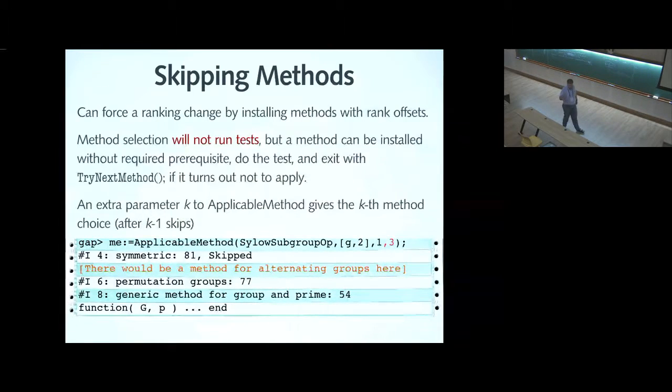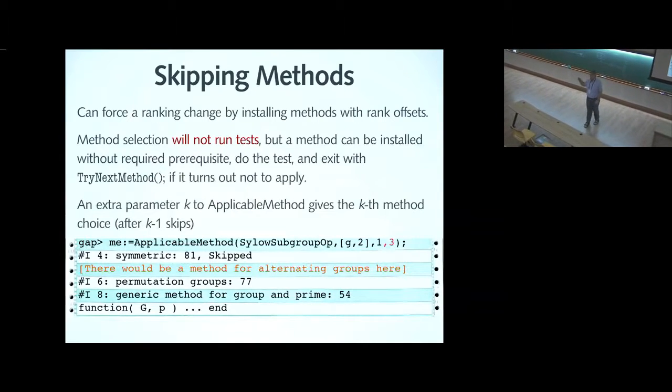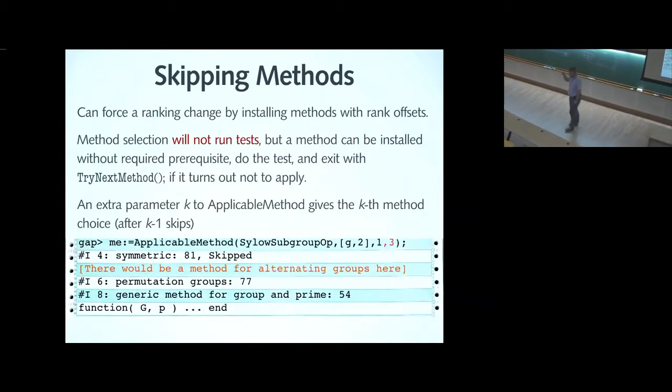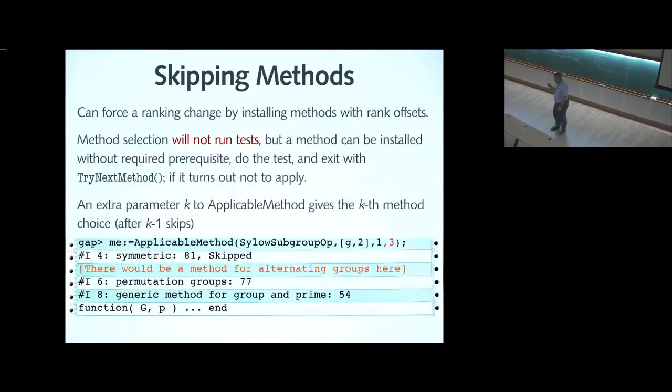So, if you have a method which requires a group to be solvable, the method selection will not do a solvability test if you don't know it. But as author of this method, you might say, well, if the group is solvable, this method is so much better than anything else that it's worth doing a solvability test.